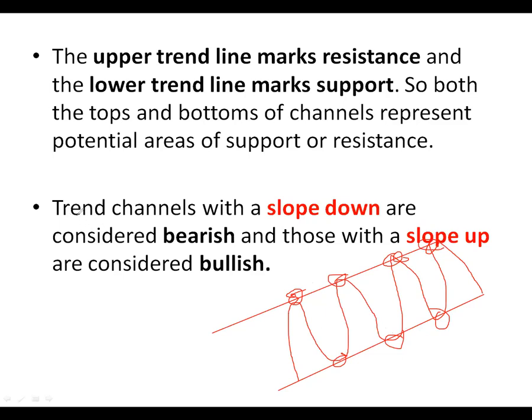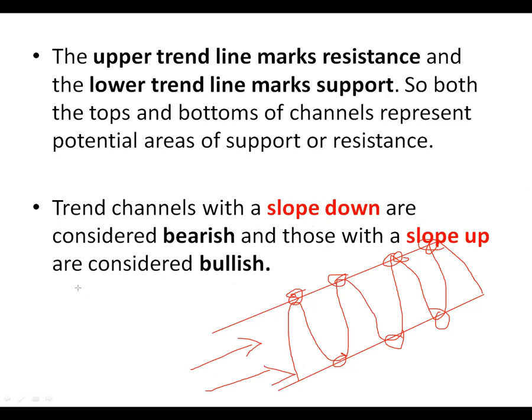So point 2 here says trend channels with a slope down are considered bearish, and those with a slope up are considered bullish. So with this, for instance, you see that the slope is pointing up. So that is a bullish channel.